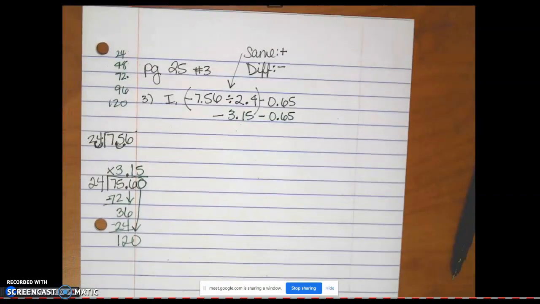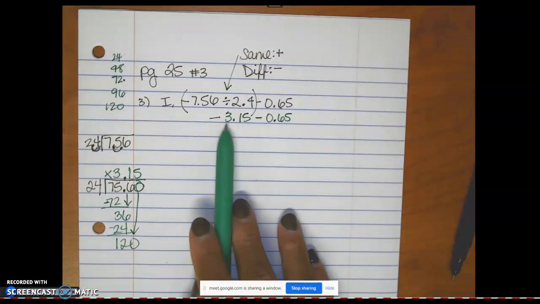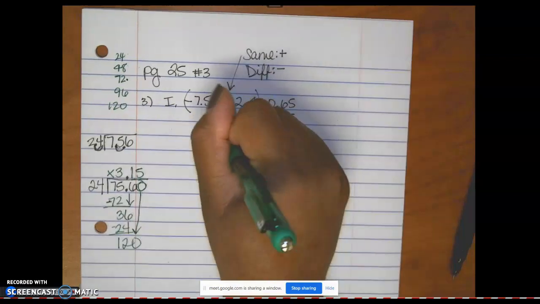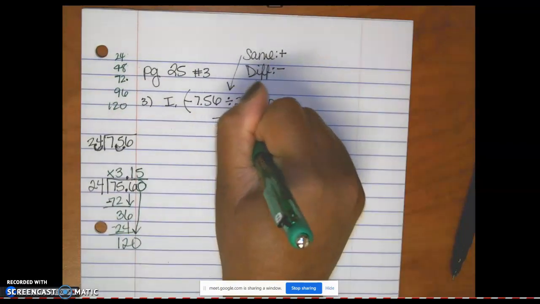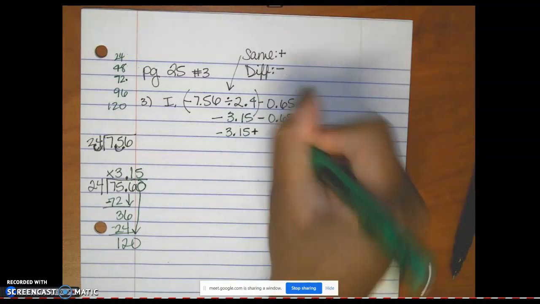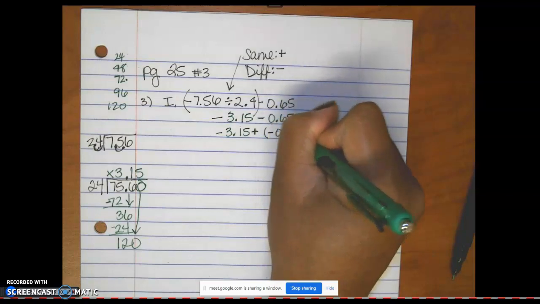Now, to keep, change. Negative 3 and 15/100. Then I'm going to add the opposite. So it's going to be negative 65/100.